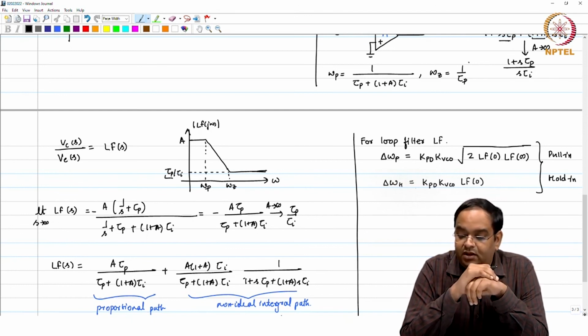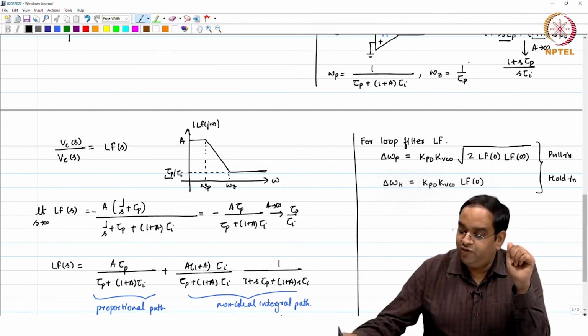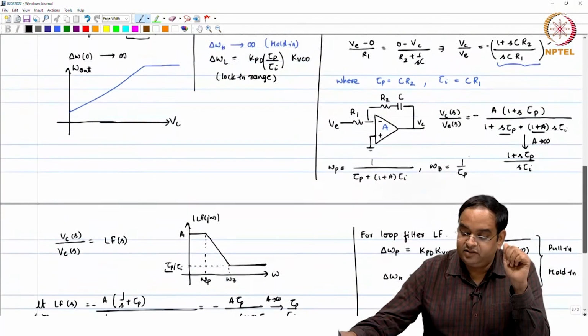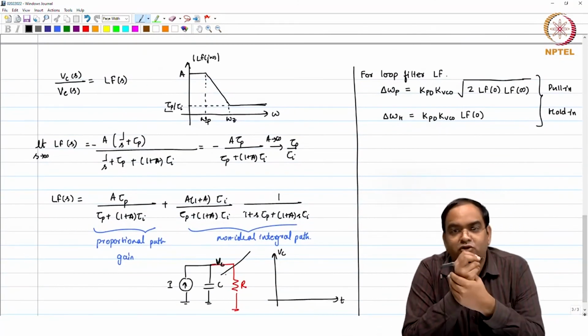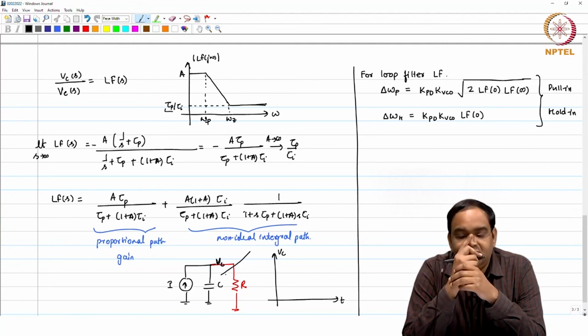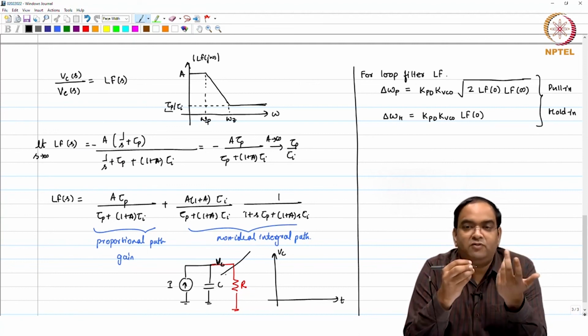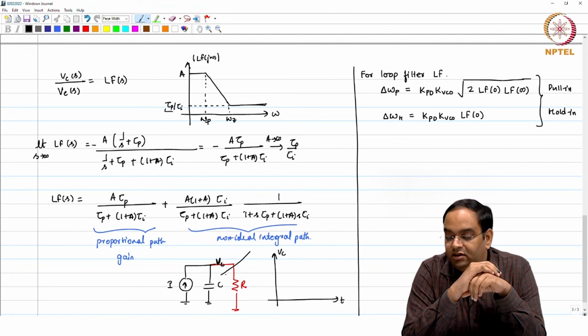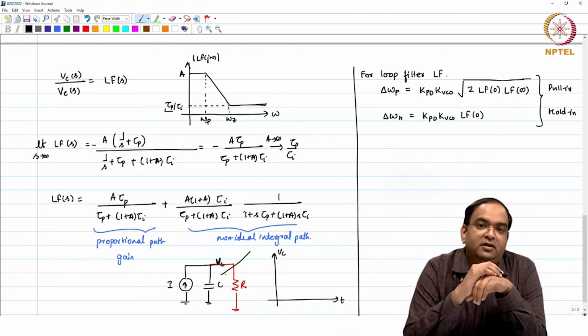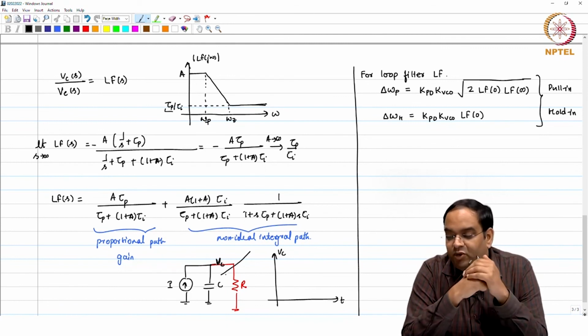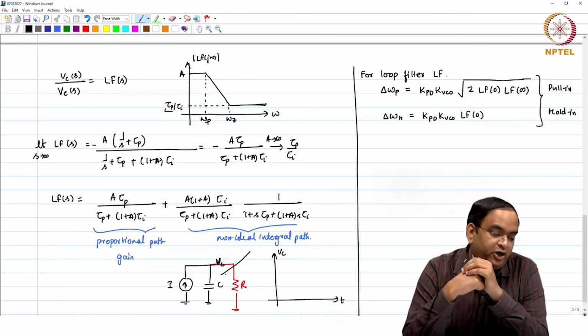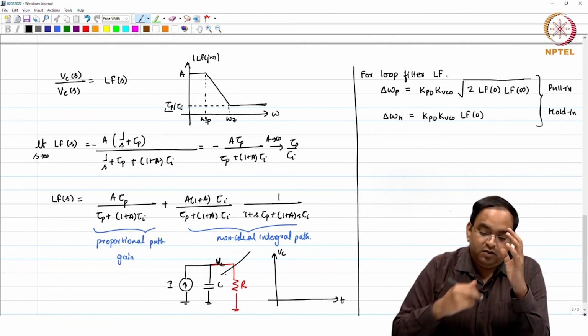Now, one of the loop filters which we have seen is an active loop filter. You can have a passive loop filter also. We will see in due course which kind of loop filter is used in general, depending on the application. So, your application is quite important to decide what kind of loop filter you want.